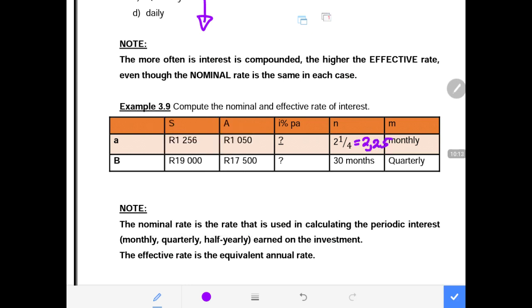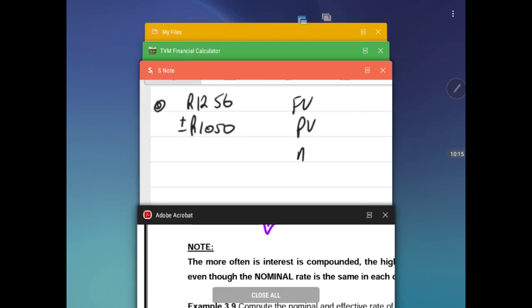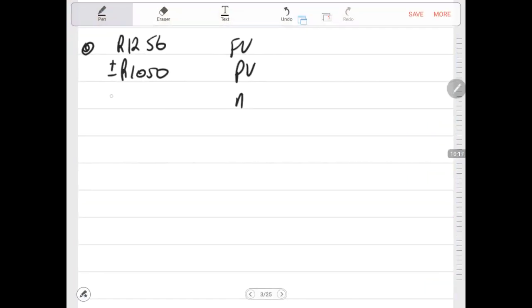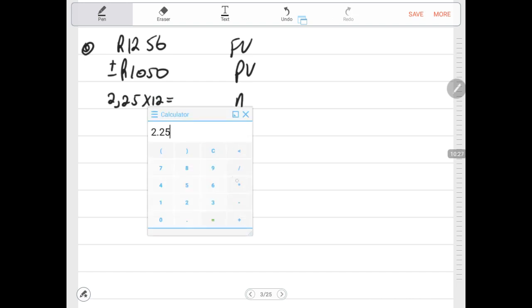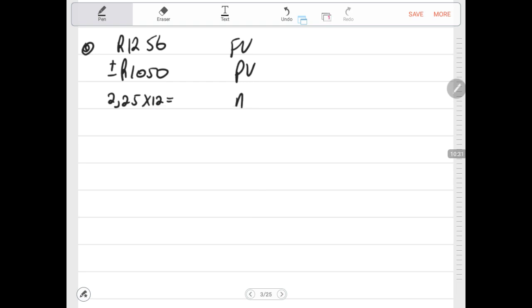So if it's 2.25 years, then it will be 2.25 years times the number of compounds in a year, which is times 12. How much do we get? We get 27. Do you see that we get 27? Why do we get 27?